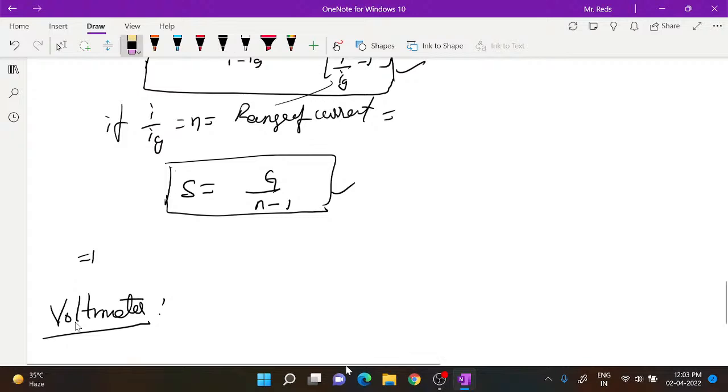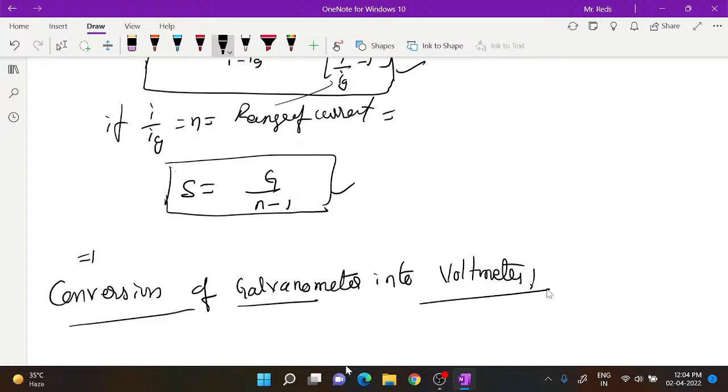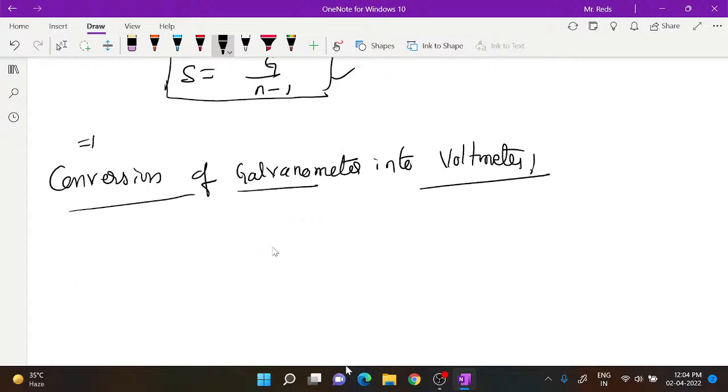For converting a galvanometer into a voltmeter, you have to connect a high resistance in series with the galvanometer.